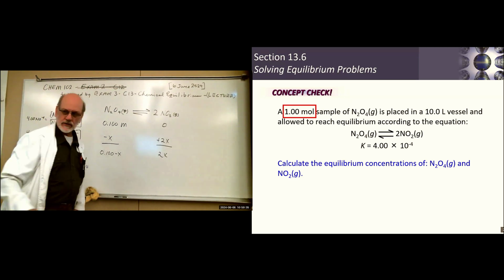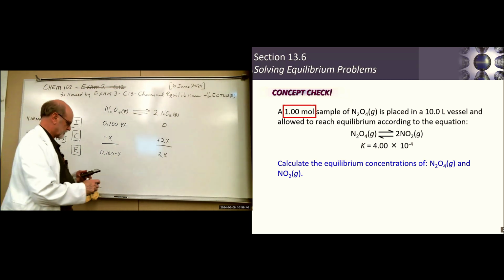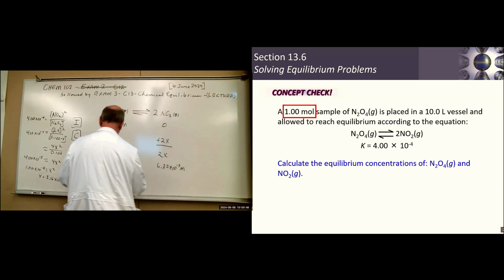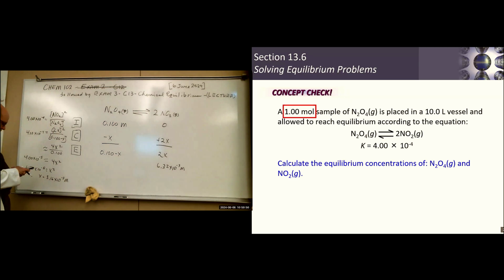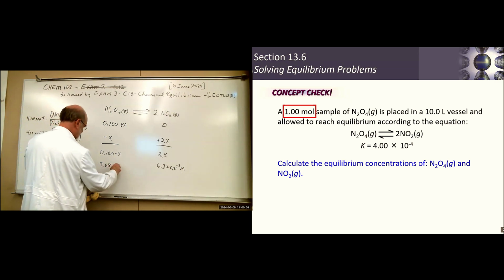This is 2x, so 2 times that value is 6.32 times 10 to the minus 3 molar. And this is 0.1 minus x, so 3.16 times 10 to the minus 3 subtracted from 0.1 gives 9.68 times 10 to the minus 2.